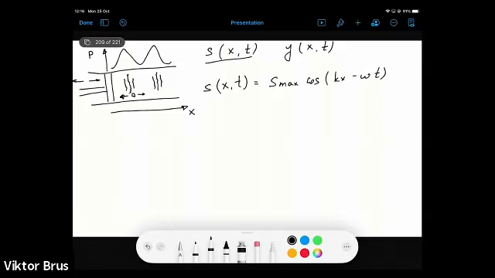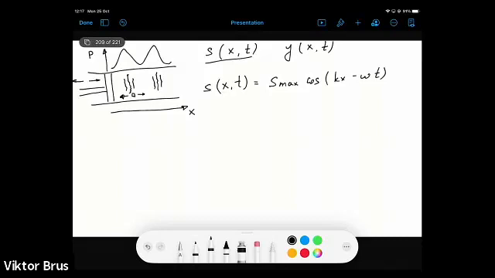What we would like to do right now is find a relationship between the displacement of some element of gas inside the cylinder while there is a sound wave inside, and the change in pressure, and also get this pressure as a function of position and time.